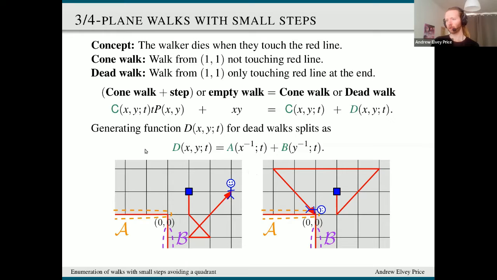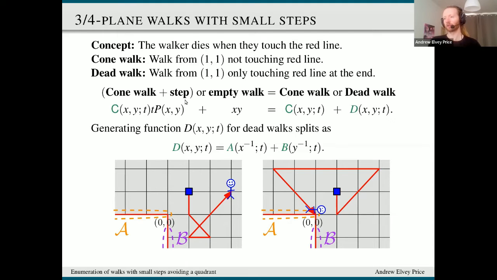Okay, and so we can get a functional equation relating cone walks, which are the walks we're interested in, to dead walks using this combinatorial decomposition. So the idea is that if we take a cone walk and add a single step, then either it will still be a cone walk because we didn't crash into the boundary, or our walker will crash into the boundary and we'll get a dead walk.